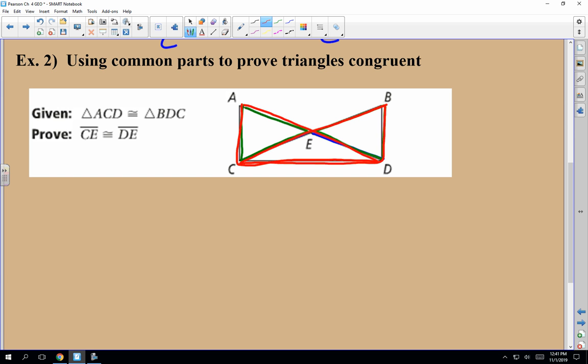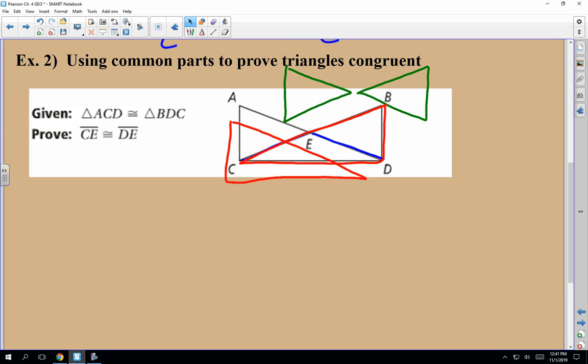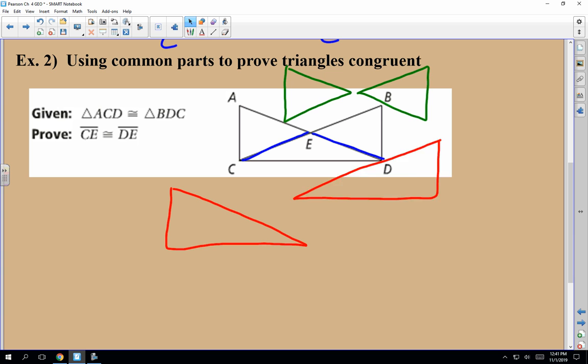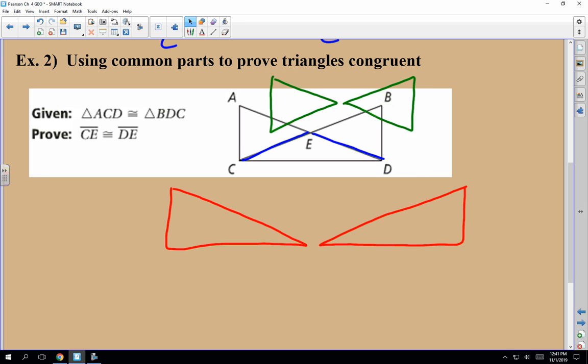But before I do that, I'm going to use the corresponding parts of the big overlapping triangles. So here's how it relates to this lesson. You can drag these out. Oh, I should be using the technology right. So I can take this and this and drag them out, leaving just this in there. There we go.